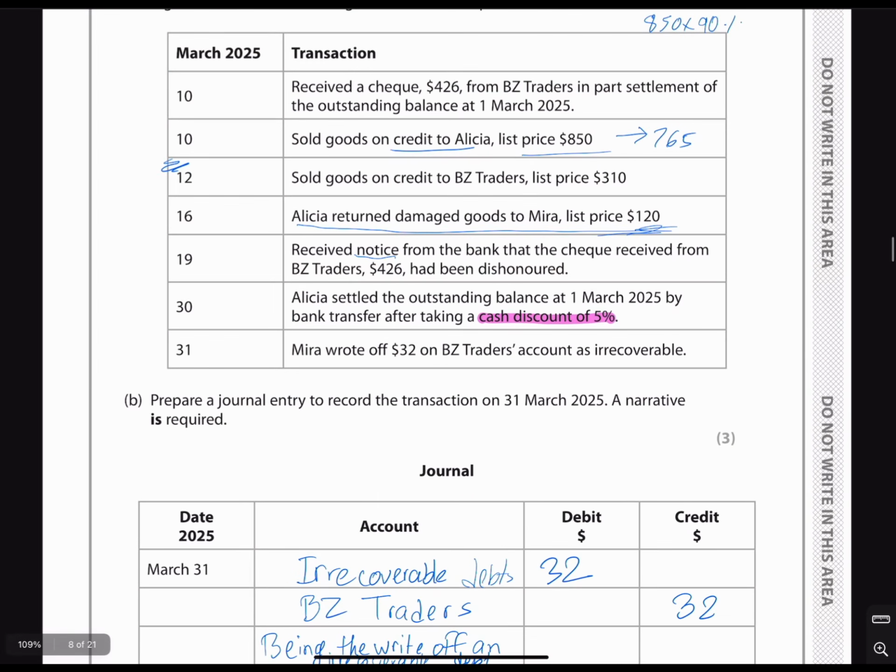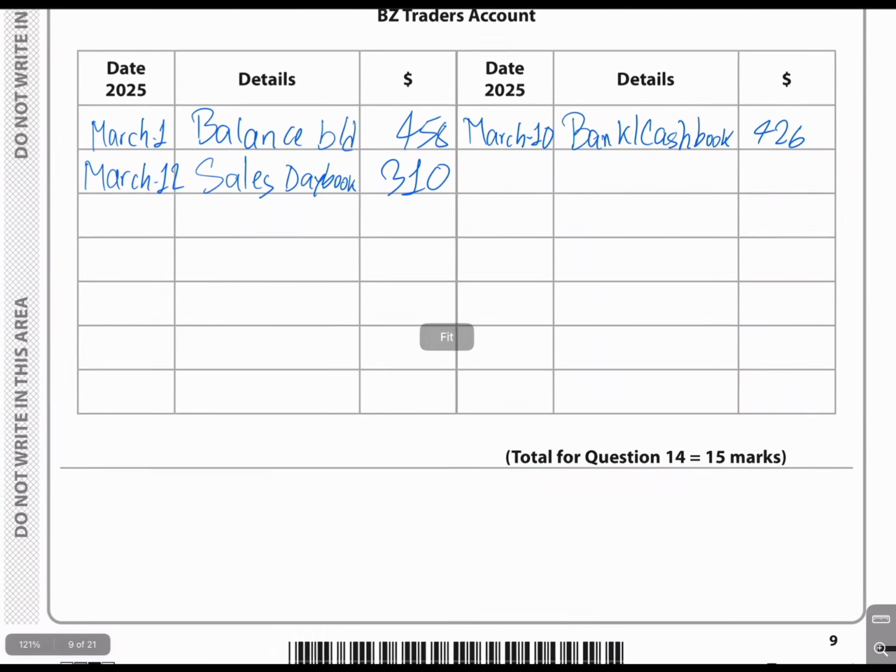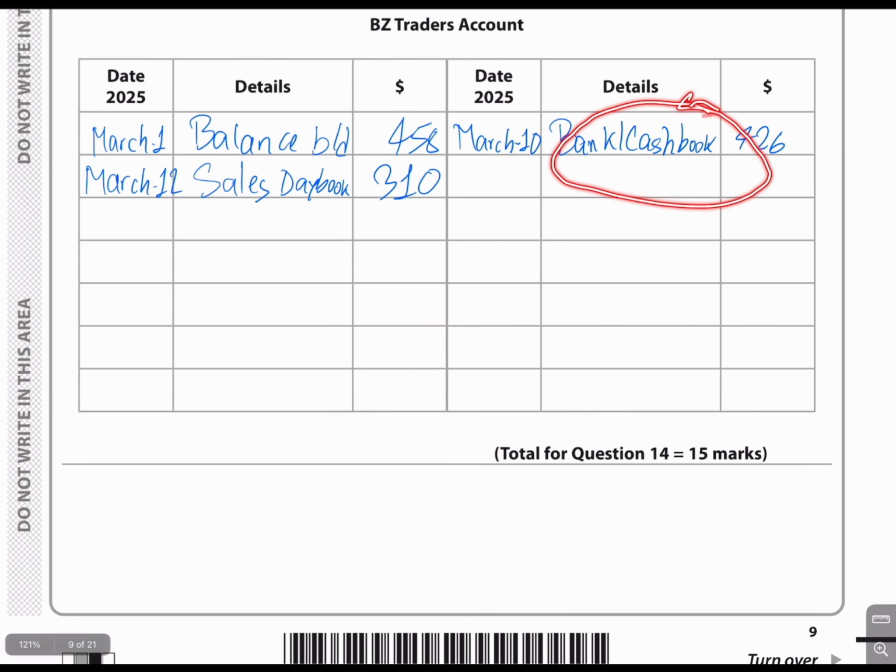Now, whenever your check is dishonored, it means you have to increase your receivables, because you haven't got the money in your account. Previously you had reduced your receivable, and as it went dishonored, we have to increase it back.